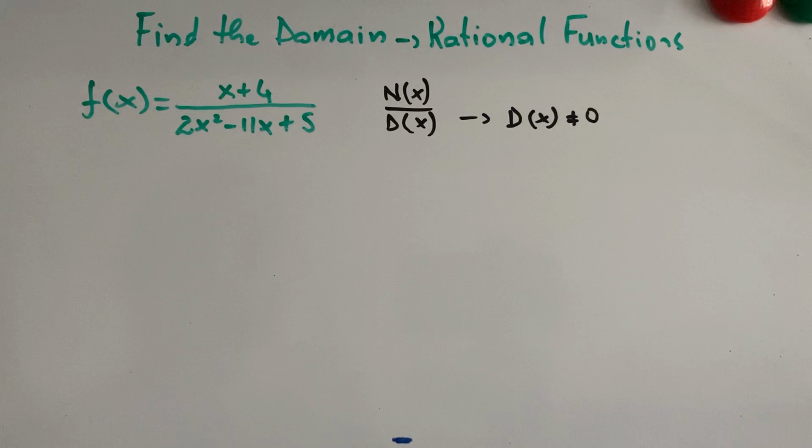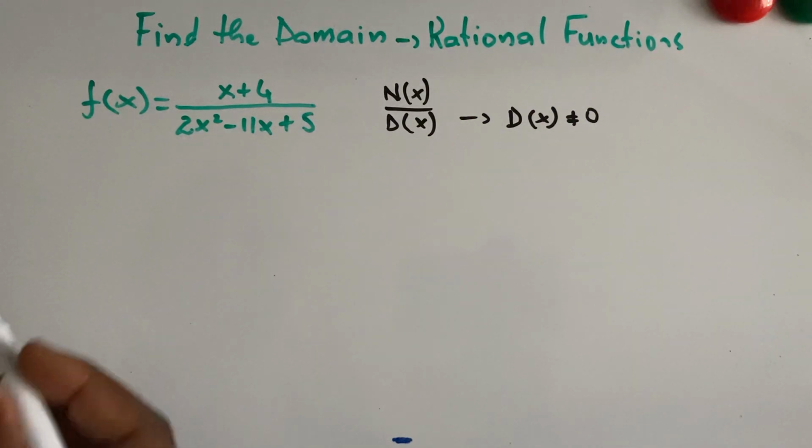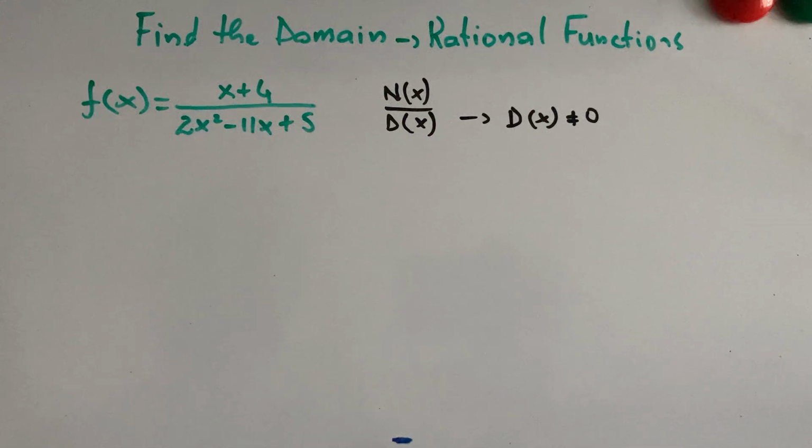over 2x squared minus 11x plus 5, and you need to find the domain, one thing to remember is that the domain is defined as all the input values, and by input values I mean the x values.